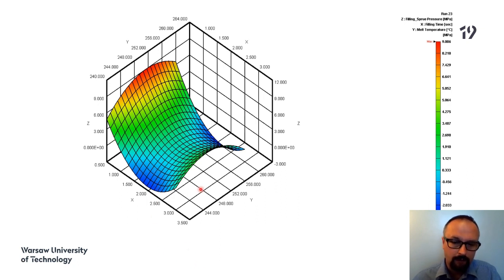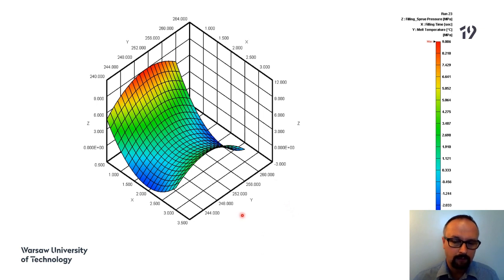But the other curvature, which makes the whole saddle here, is a bit strange, to be honest. Interesting, in my opinion. It demands some further investigation, because we have the minimal value of our pressure for the high temperature of our melt, but also for the low temperature.